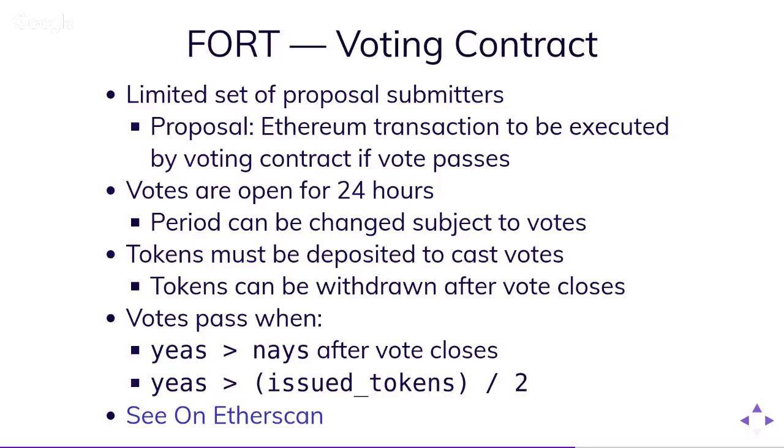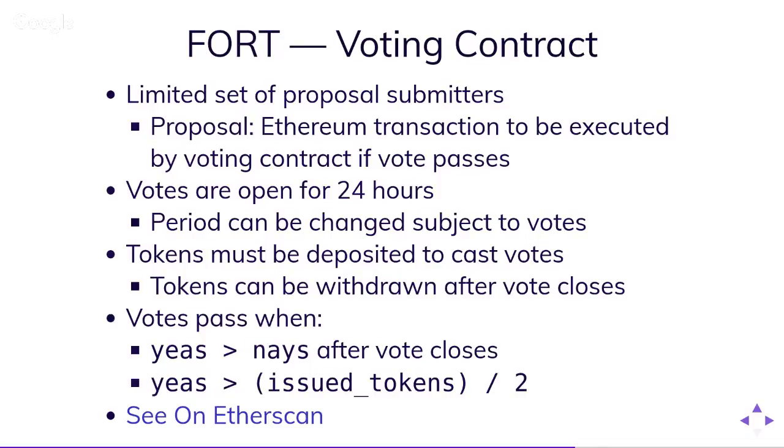So once a vote has been proposed, that vote is open for 24 hours for people to vote yay or nay. The proposal period can be changed subject to its own vote. So we could hold a vote to change the proposal period to 48 hours or 72 hours or 12 hours or whatever we want.